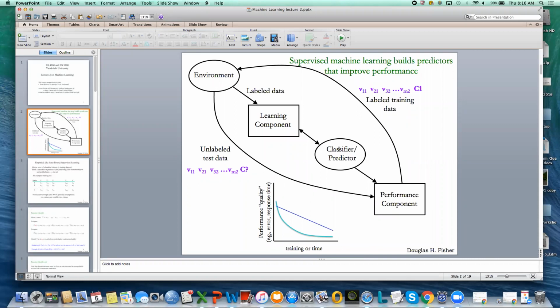What we're going to be looking at in particular are learning methods that build classifiers. Classifiers are data structures or knowledge structures for predicting outcomes, but the outcomes are qualitative.